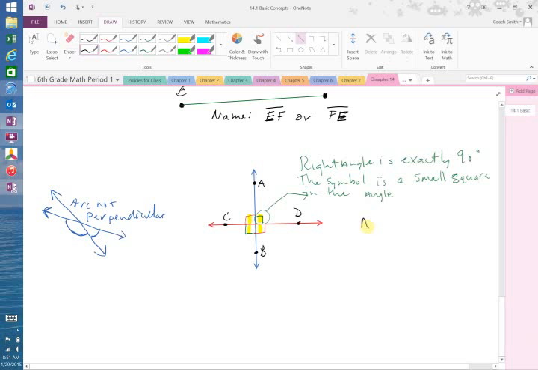We name them like this. Line AB is perpendicular to line CD. This right here is the symbol for perpendicular, an upside down capital T.